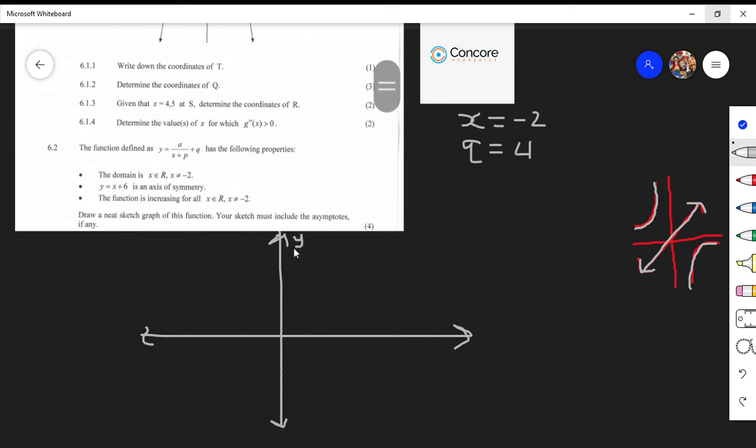So this is our y-axis, this is our x-axis, this is our 0 point.